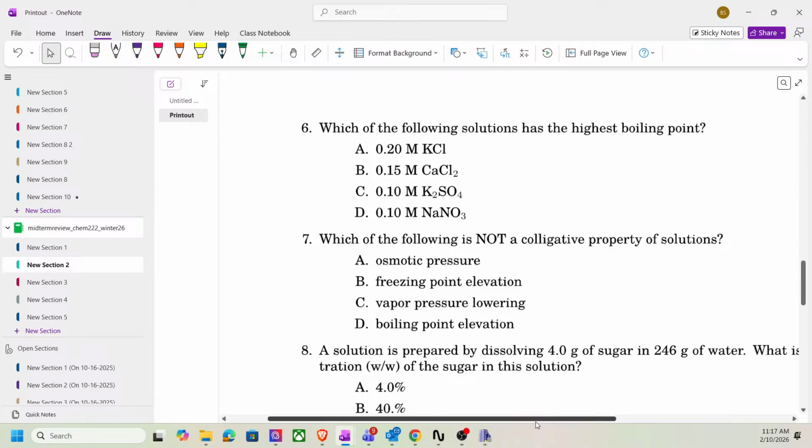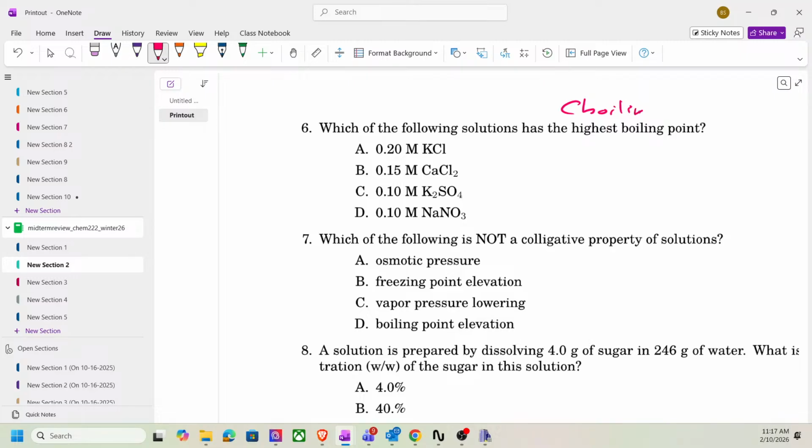All right, let's try 6 then. So same sort of thing, and maybe you're thinking boiling point elevation in your head. So again, calculating effective molarity. Just double check me that I don't do something wrong.